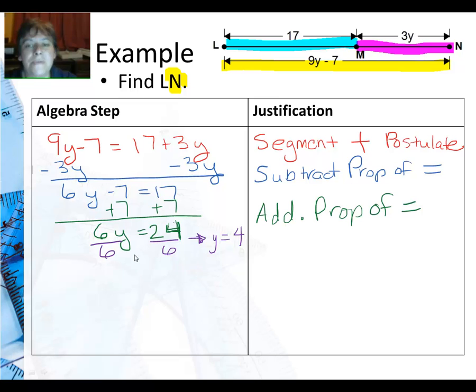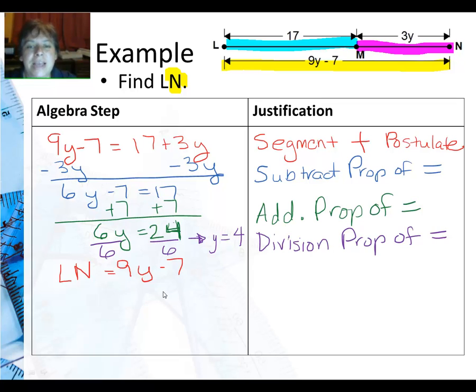Then I can solve this by dividing both sides by the same number. I'm dividing them both by 6. Why? Well, that's almost a joke. I'm dividing 6y by 6 because I'm trying to get to 1y. So dividing both sides by 6, I get y is 4. And the reason I'm allowed to divide both sides by 6 is the division property of equality.